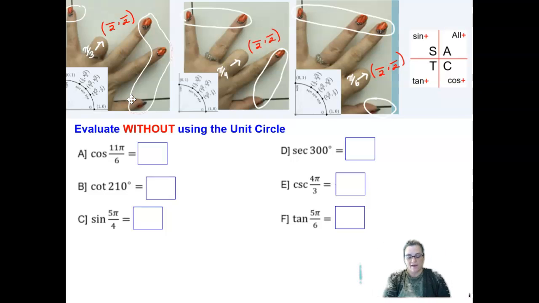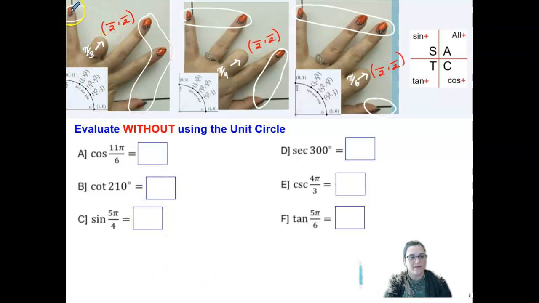So looking at these pictures of my hand, the way that the first quadrant hand trick works is if you bend the finger for the angle that you're looking for in the first quadrant, so say I want to find the coordinate for pi over 3, then I bend that finger, and the number of fingers to the left of that bent finger is the numerator on my fraction.